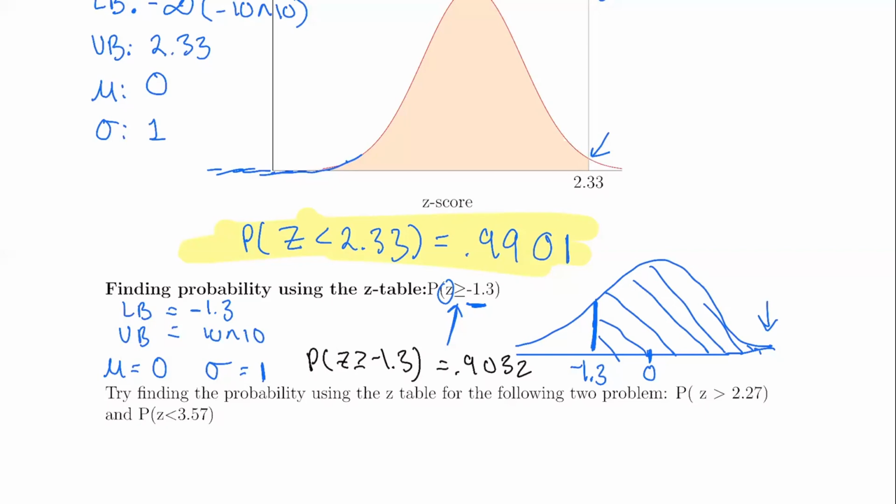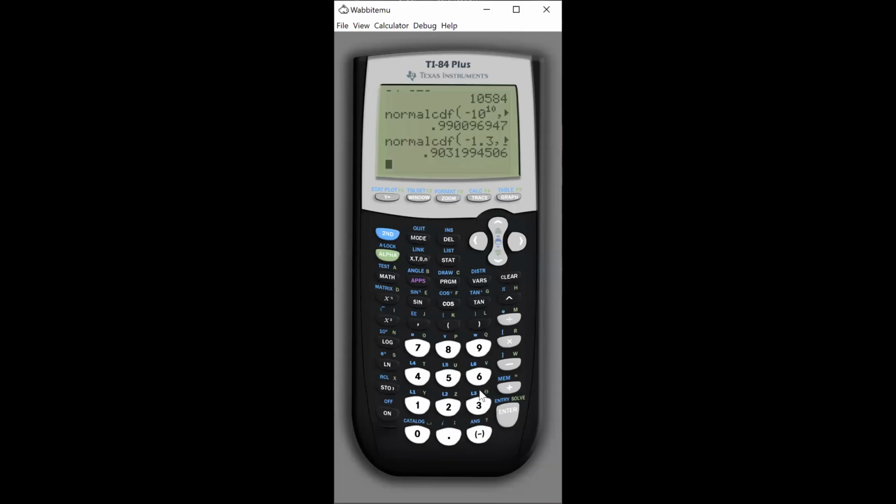Were you typing in, was it giving you an error for the last problem? Okay, so most likely, if it is giving you an error, I'm pretty sure you're not using this button.